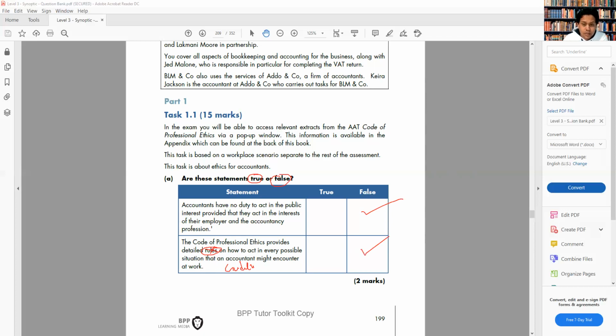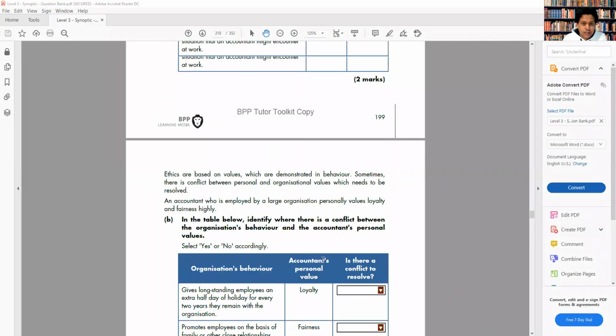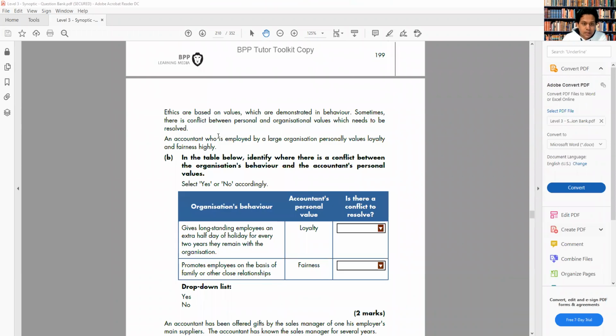So let's move on to the next one. So the next question we have, number B, says ethics are based on values which are demonstrated in behavior. Sometimes there is a conflict between the personal and the organizational value which needs to be resolved.